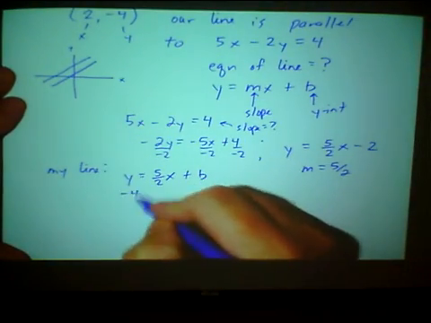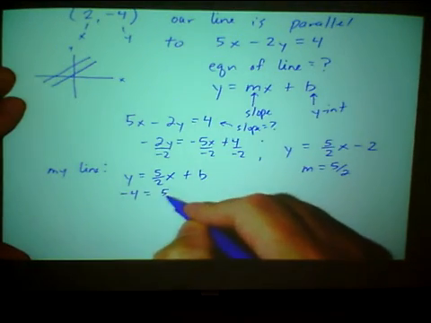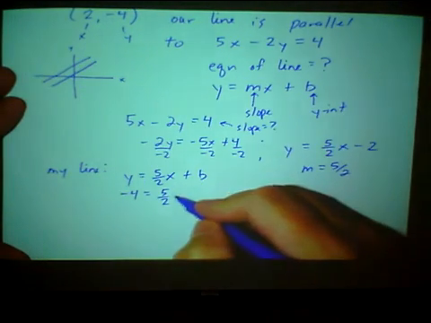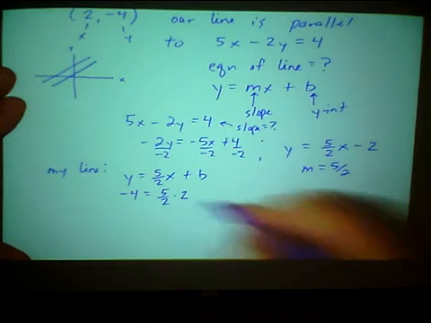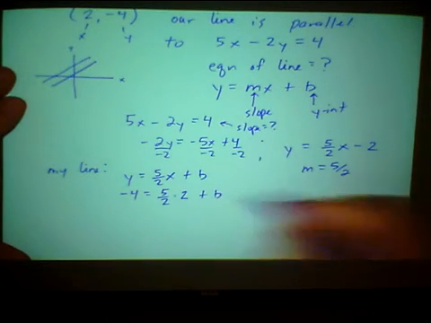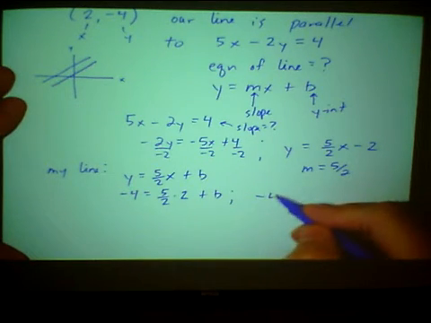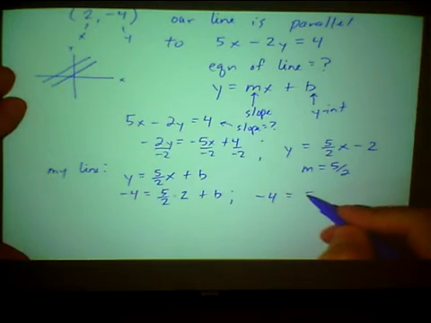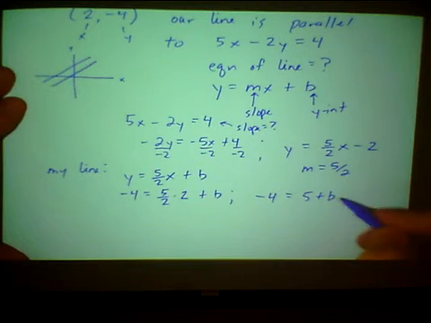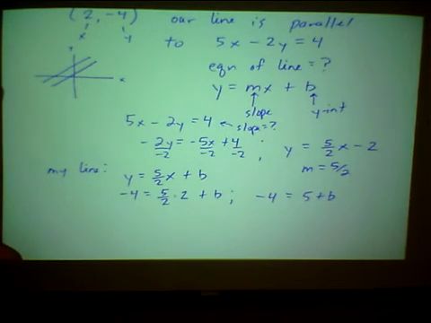So y is -4. x is 2, plus b. So -4 equals 5 plus b. So to solve for b, subtract 5 from both sides.